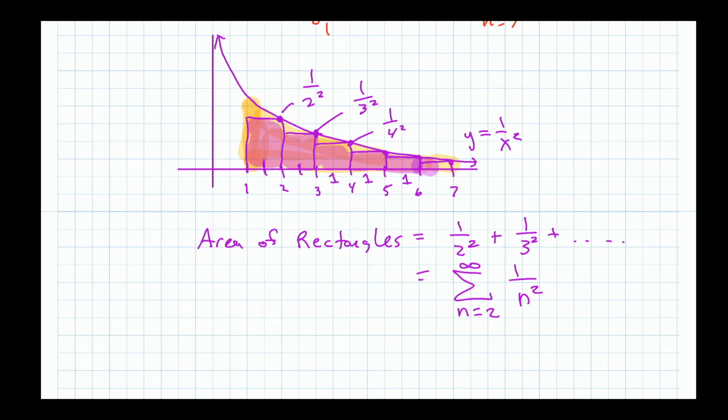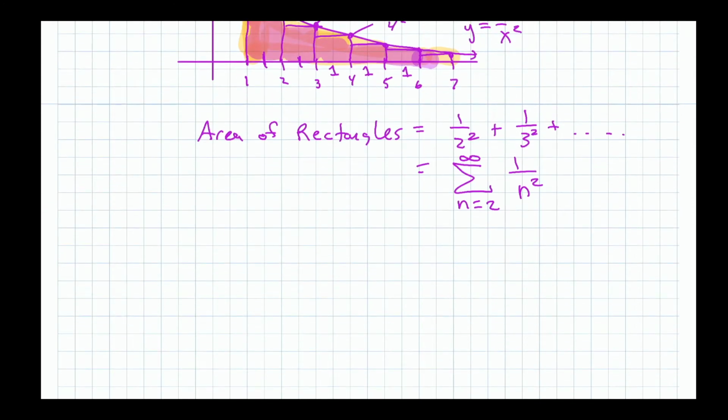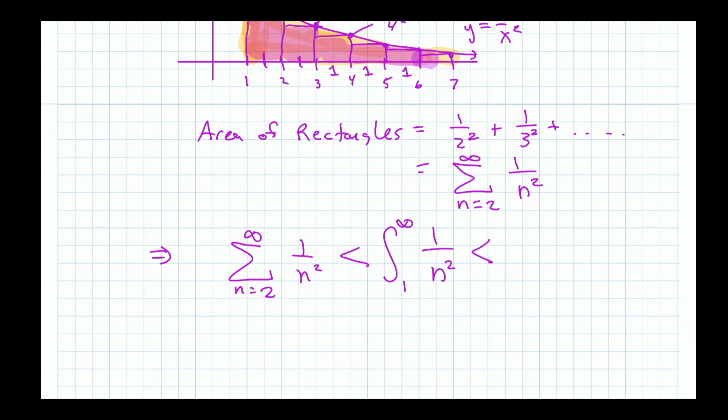So the rectangles are smaller than the integral. So the summation from 2 to infinity of 1 over n squared is less than the integral from 1 to infinity of 1 over x squared, but that's less than the summation from 1 to infinity of 1 over n squared.